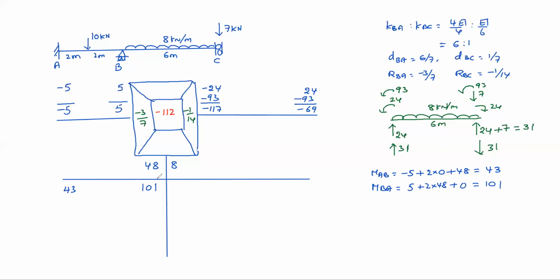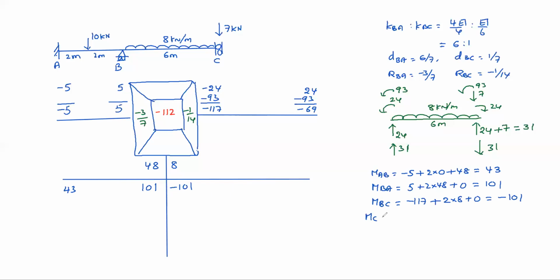So MBC equal to -117 plus 2 times of 8 plus 0 equal to minus 101.